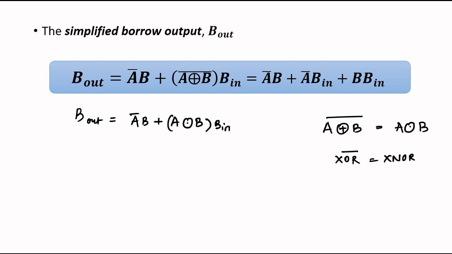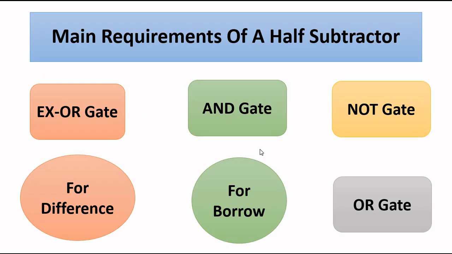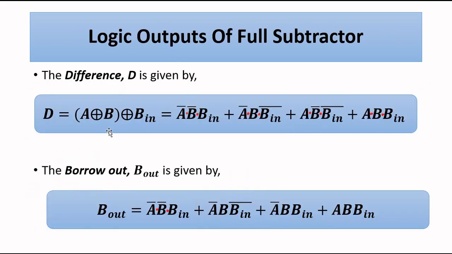Okay, so the main requirements for a half subtractor. Now again, the subtractor can be designed in various ways. These 2 Boolean expressions we can implement in different ways, like we have seen in the previous arithmetic circuits.